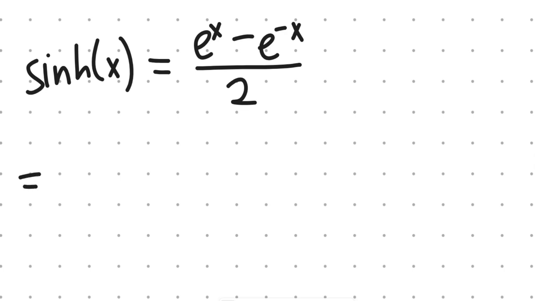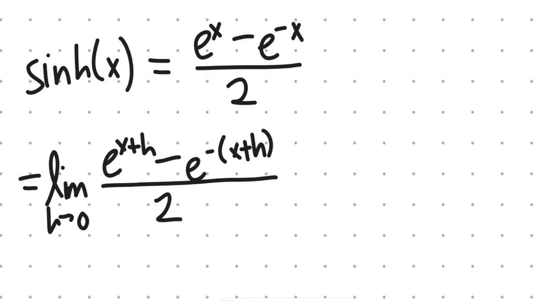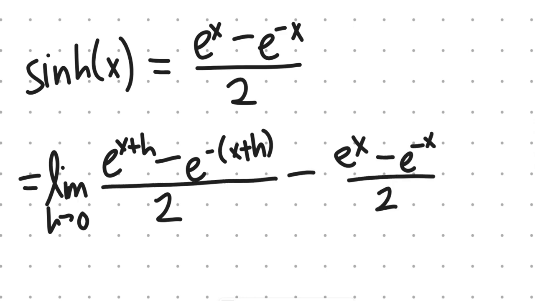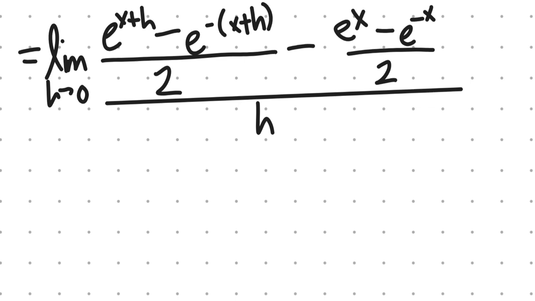So we are going to get the limit as h approaches 0 of e to the x plus h minus e to the negative parentheses x plus h, over 2, minus e to the x minus e to the negative x over 2, and the whole thing over h. Now since we have the same denominator, we can combine the fractions together.